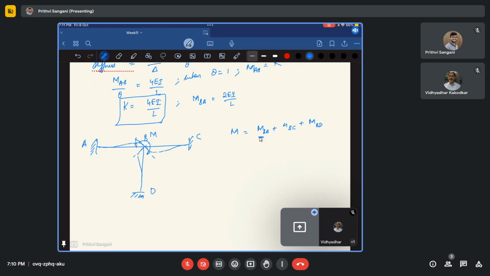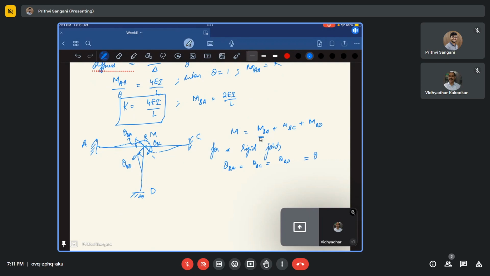If it is 90 degrees earlier, it will be 90 even now. If that has to be maintained, then the theta should be the same. Let us say this is theta BA, this is theta BC, and this is theta BD. So for a rigid joint, theta BA should be equal to theta BC equal to theta BD. I'll write it as theta.